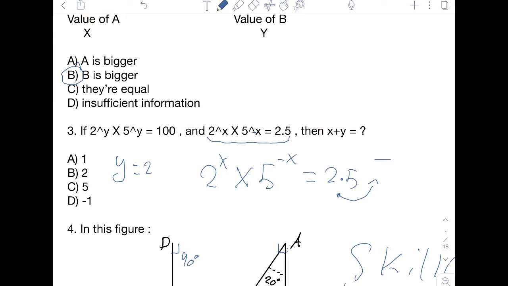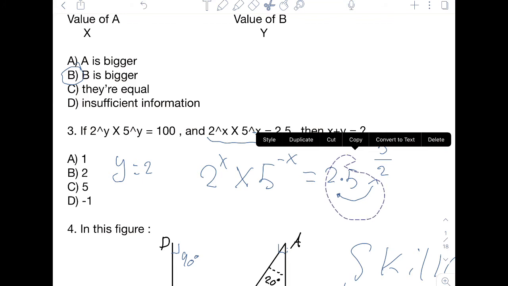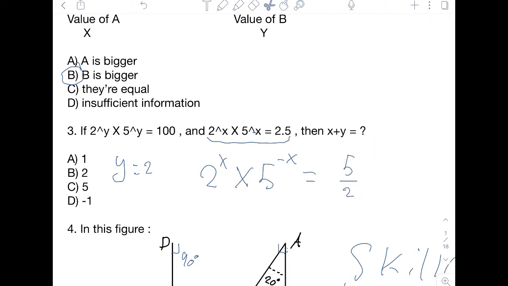If you're able to turn any decimal into a fraction, then your life will just become a lot easier, because dealing with decimals is a lot more awkward. So let's say 2.5, the fraction version of it would just be 5 over 2. And so now we have this beautiful fraction.